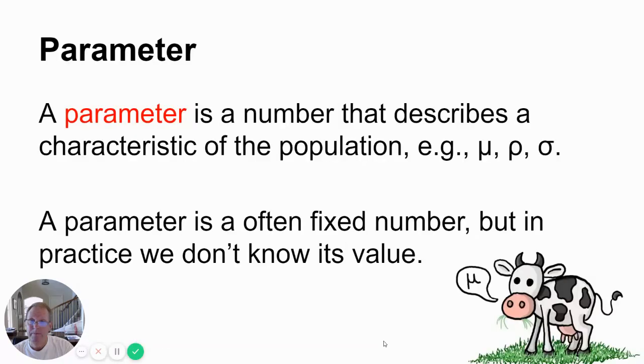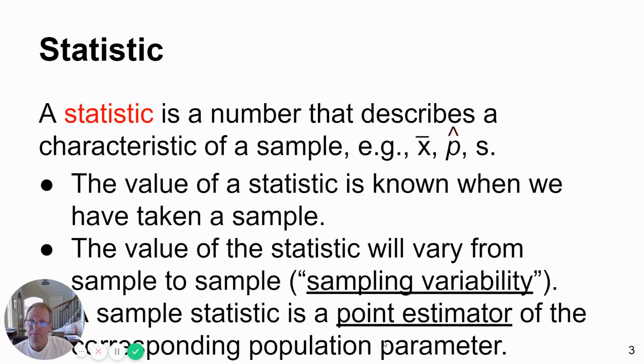So let's begin. A parameter is a number that describes a characteristic of the population. And for parameters, we always use Greek letters like mu and rho. A parameter is often a fixed number, but in practice, we don't know its value. The best that we can do is take a statistic and make an inference about what that value might be.